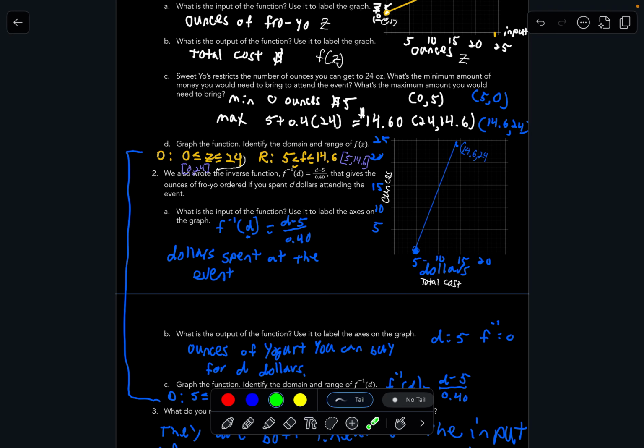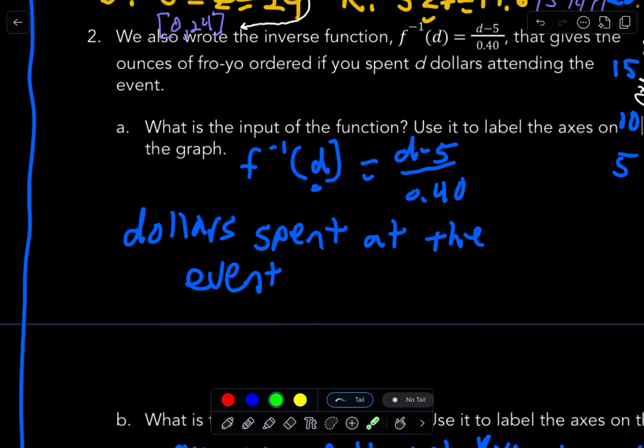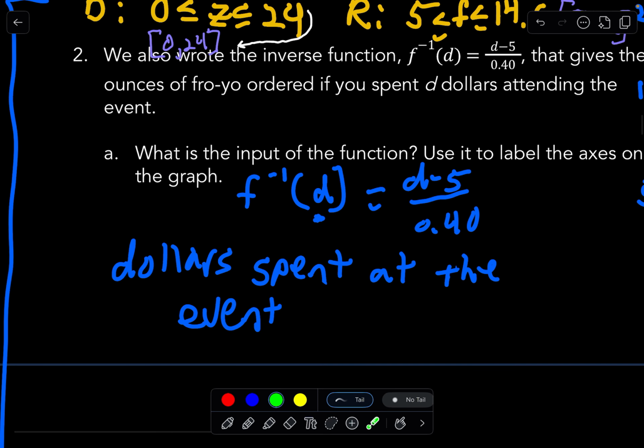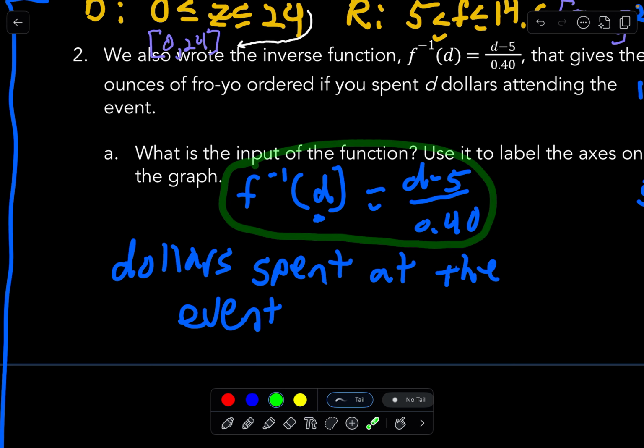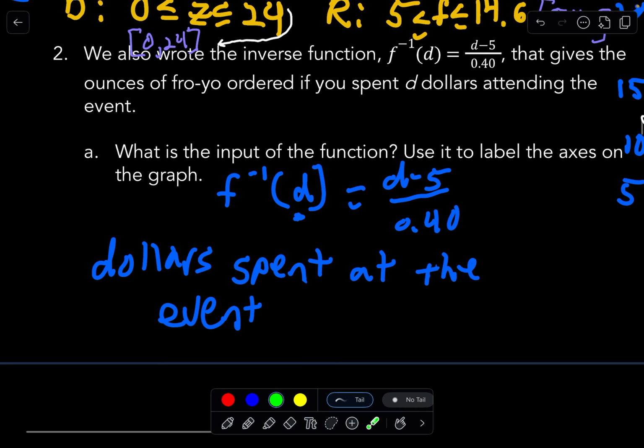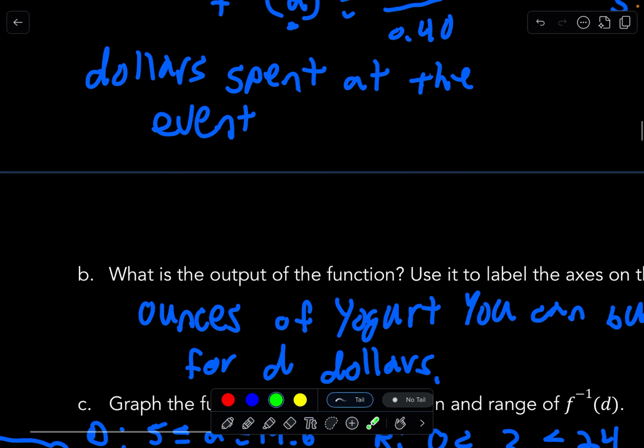It's a line. Now, here's the inverse function that you came up with last time. It's right here. All right. Notice the input now is dollars spent. And what is the input of the function? Well, the inverse. And then what is the output?